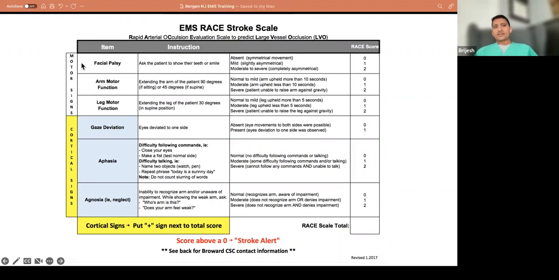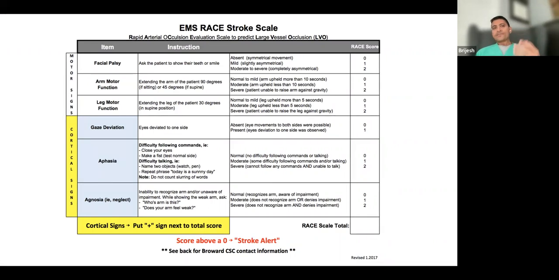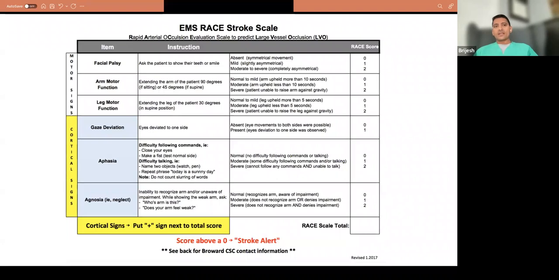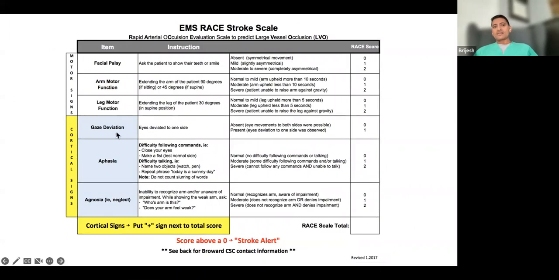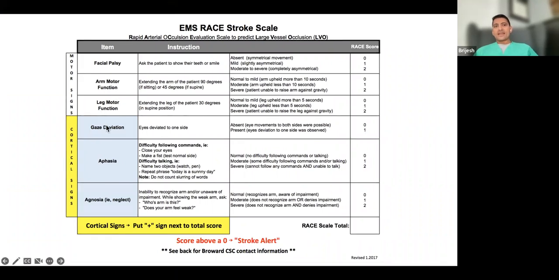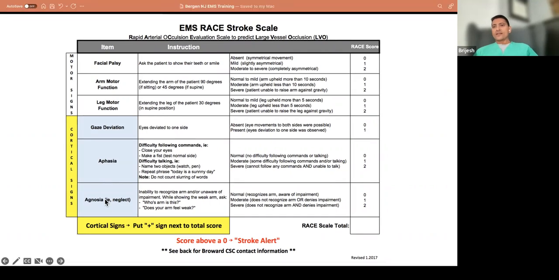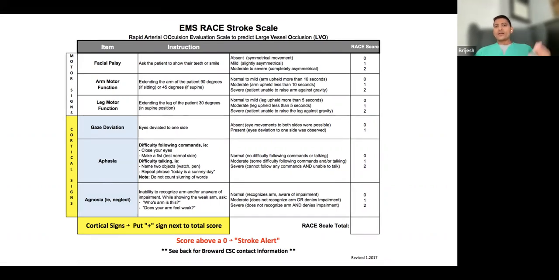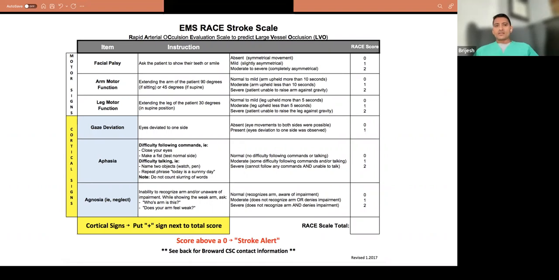So as I mentioned earlier, face, arm, and leg function. So that's your motor strength, right? So, the muscle strength of the face, arm, and leg. And then the cortical signs, which we highlighted in blue here. And again, this is the biggest advantage and differentiator between traditional scales and RACE: the gaze deviation, the speech, as well as awareness around you and awareness of your own body parts.